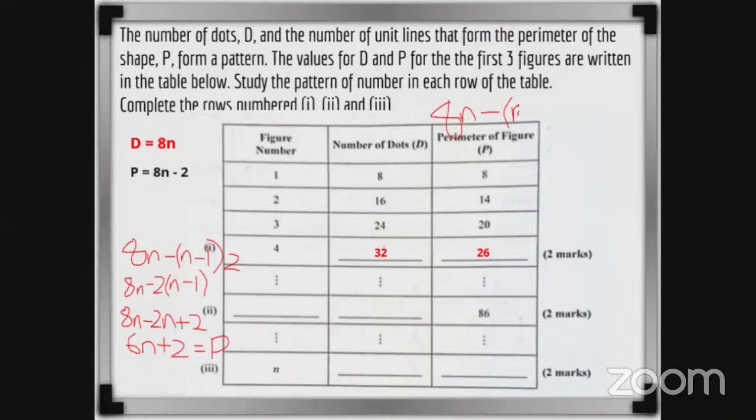All right, let's try it for 2. So 6 times 2 gives us? 12. 12 plus 2 gives us? 14.